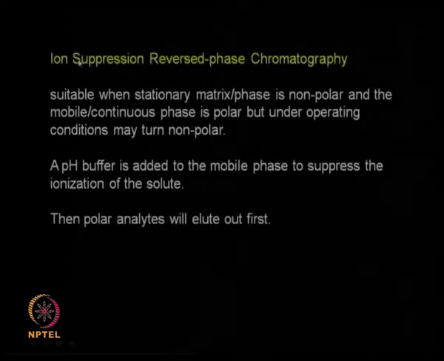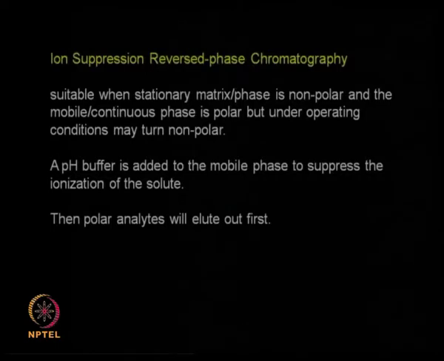Then there is another type of chromatography which is called ion suppression reverse phase chromatography. So the name implies that we are trying to suppress the ionization of a particular protein. Once you suppress, then you use the reverse phase system to purify.